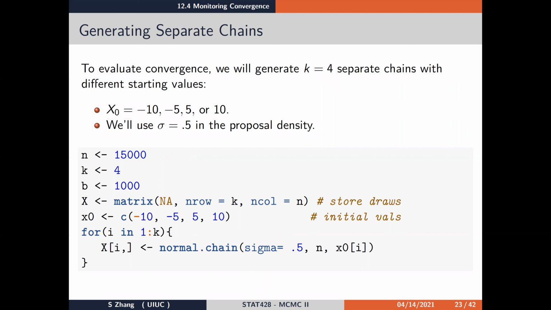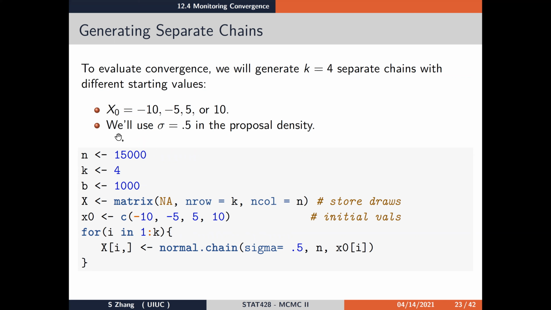To evaluate convergence, we want to generate 4 separate chains, in other words, k equals 4, with different starting values. For each of these chains, we're going to implement the MH sampler with the same proposal and the same target distribution. However, the starting values are really far away. For the 4 chains, the starting values x0s will be -10, -5, 5, and 10 respectively.